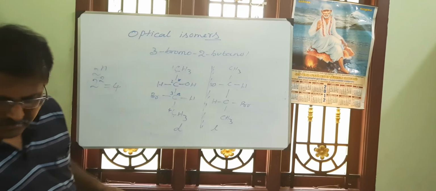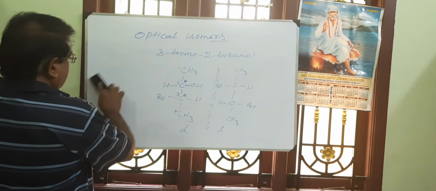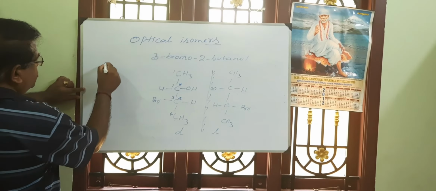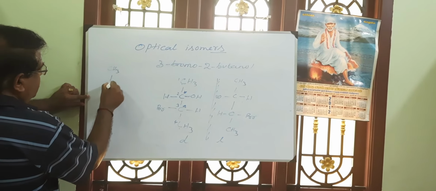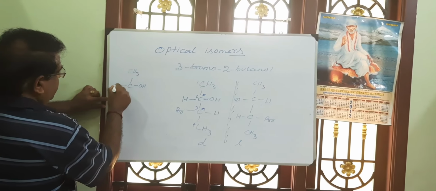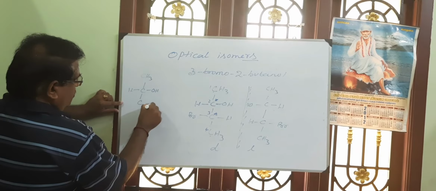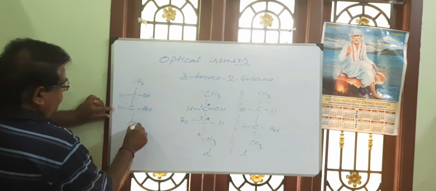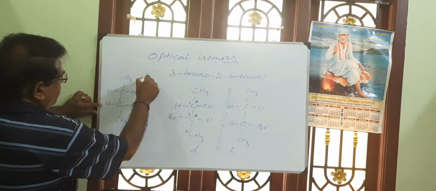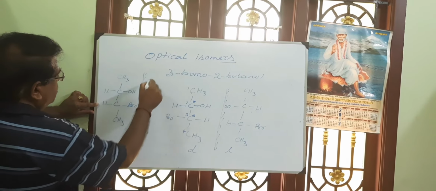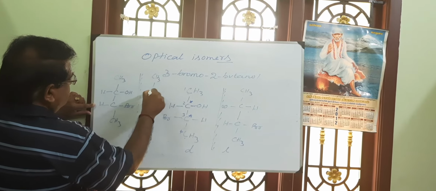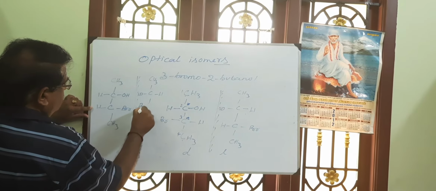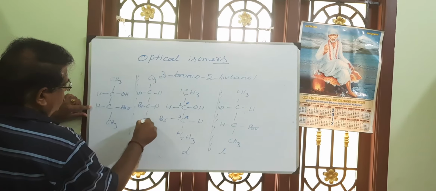Now think about another form of this molecule. So CH3, C, OH, H, C, Br, H, this is Br, H and CH3. The mirror image of this chemical form is CH3, C, OH, H, Br, C, H, CH3.